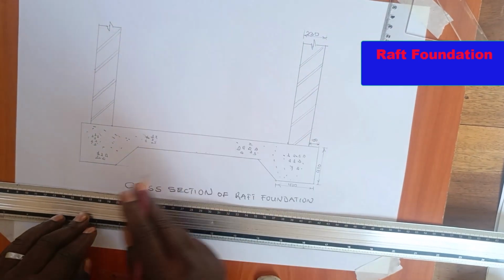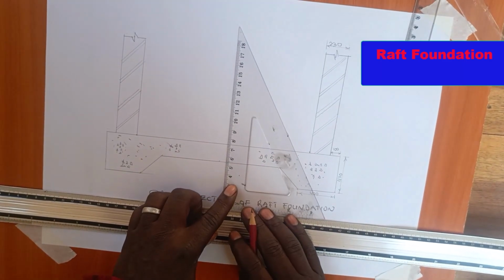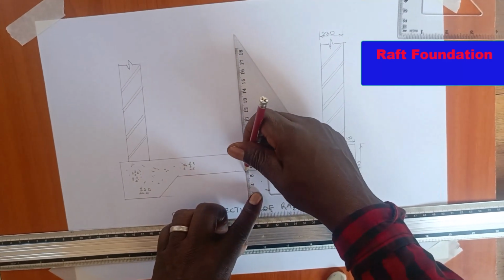But this can be very long, so we can also show here a broken line. Can also make here a broken line.